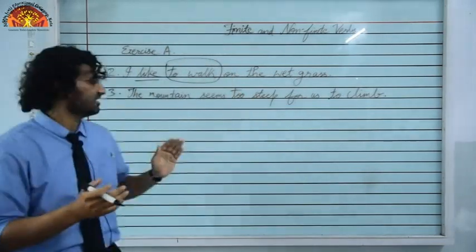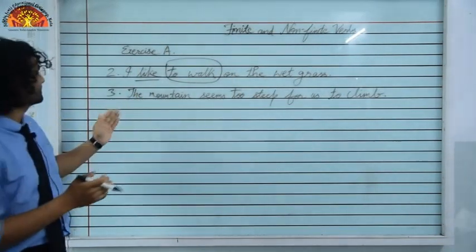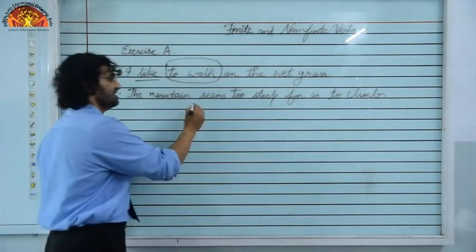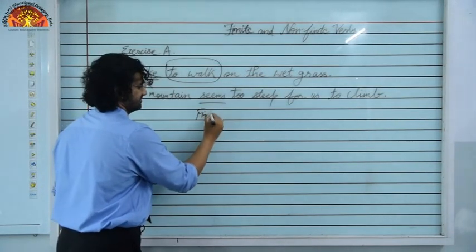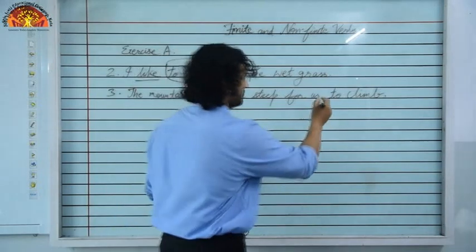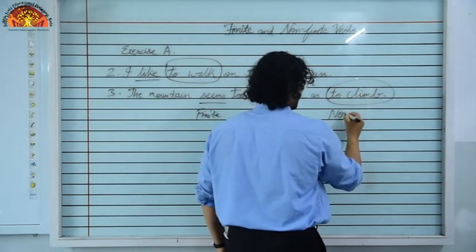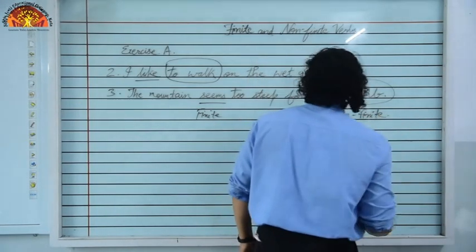Please try. It's the third one in your book, page number 26. Seems, finite. To climb, non-finite. So this was our exercise A.